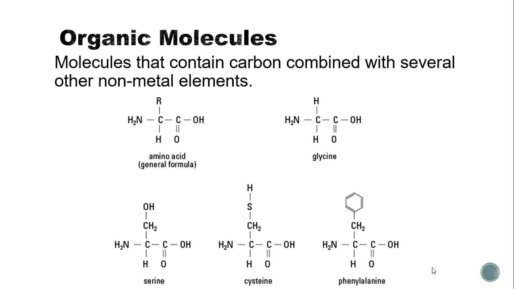The molecules that I have here on the screen are all examples of amino acids. So amino acids are certainly important to organic or biological systems. So organic molecules contain carbon. That'll be kind of the main character of this chapter, and then several other non-metal elements.